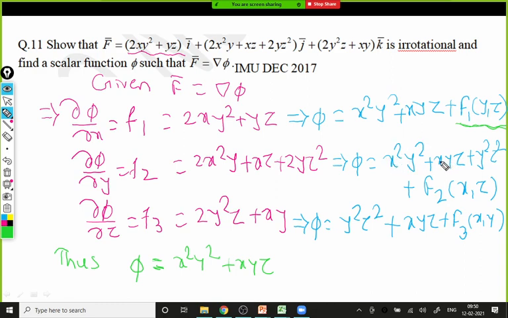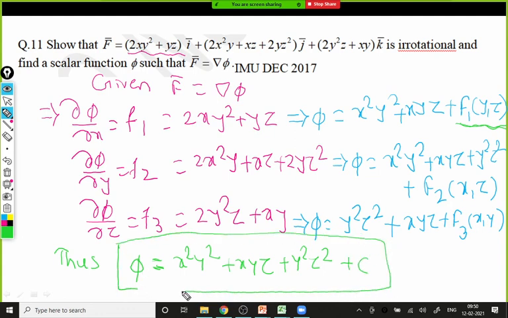Next is only y, z, so yes, it should be the constant, that is y square z square. So we add it. Come to here, y square z square is there, but it is already taken. xyz is already taken. So that's only plus c. You can write this as the answer. This is the function phi whose del phi is the vector f bar. That's method 2. If any doubt, any problem, you can ask.